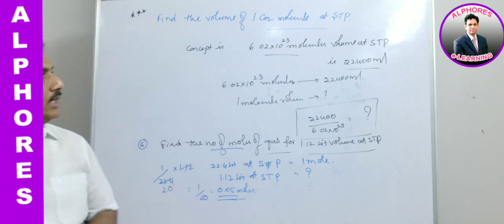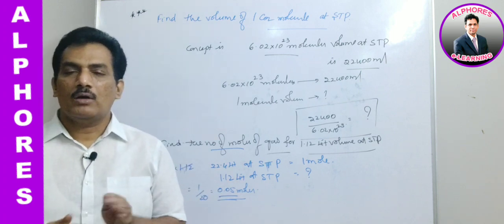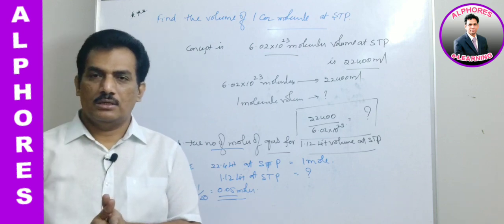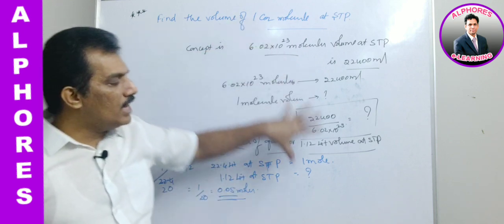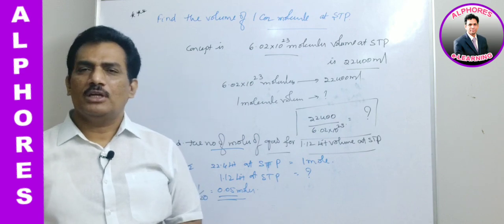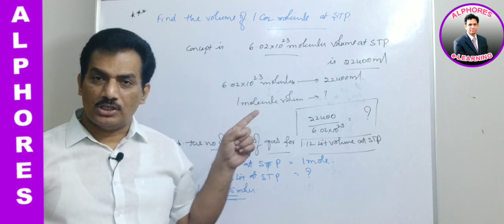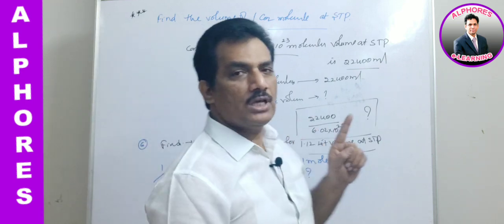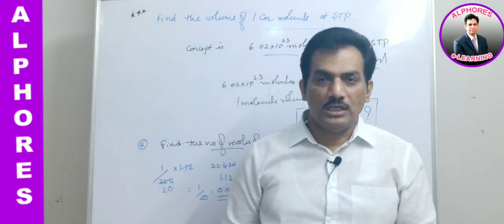Clear? And now in the next session we are going to calculate the stoichiometric calculations. Altogether, what we are discussing till now started from the stoichiometric equation. If you recollect, stoichiometric equations are nothing but balanced chemical equations.